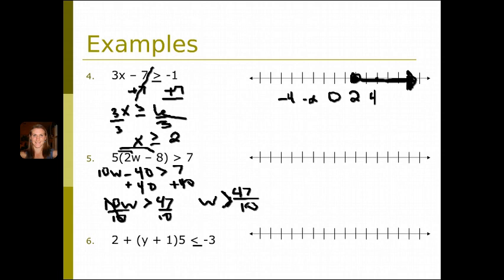So let's go ahead and put our numbers down. 0, we'll count by 2's. 2, 4, 6, and then we'll go to -2.